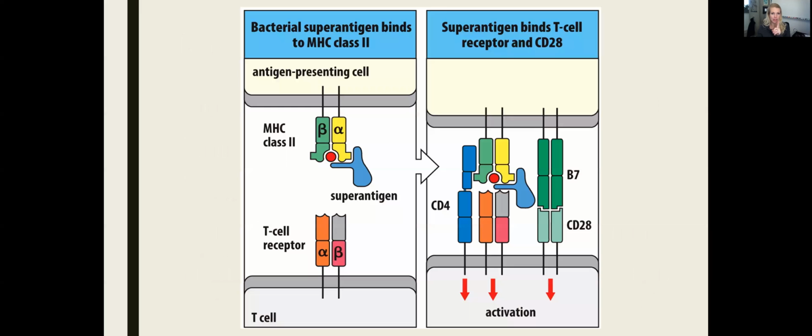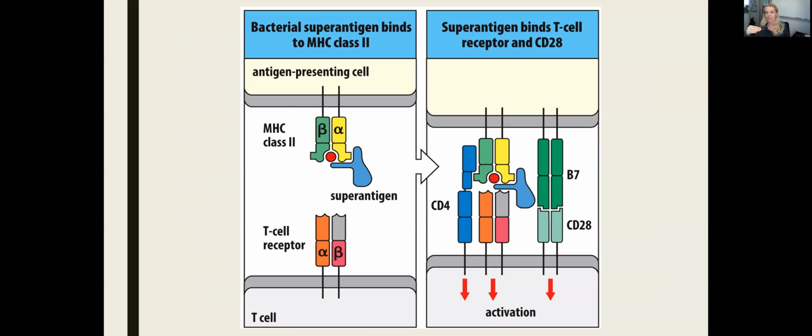So let's look at that in picture form. In the normal situation, without the superantigen, you have just the antigen presenting cell showing the peptide to the specific T cell, right? But when a superantigen comes in, it blocks that peptide, and then B7 and CD28 bind, that's a co-stimulation.